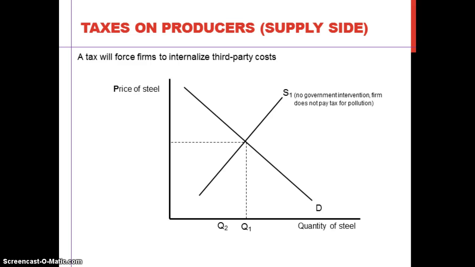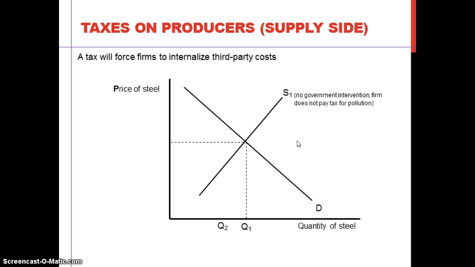So let's see the case where a tax will force suppliers, farms, to internalize the cost of negative externalities. Let's assume that production of steel causes negative externalities, pollution. So the government wants to tax farmers rather than consumers. And please remember, this is market equilibrium, the result of self-interested action.